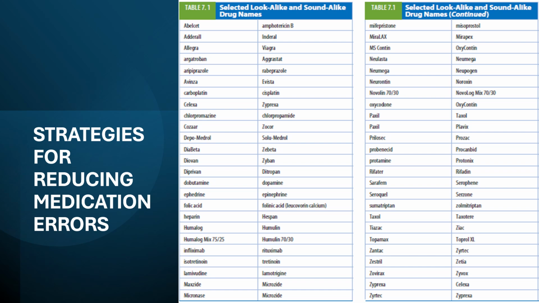What can the nurse do in the clinical setting to avoid medication error and promote safe administration? The nurse can begin by following the steps of the nursing process. Number 1, assessment. Ask the patient about allergies to food or medications, current health concerns, and the use of over-the-counter medications and herbal supplements.